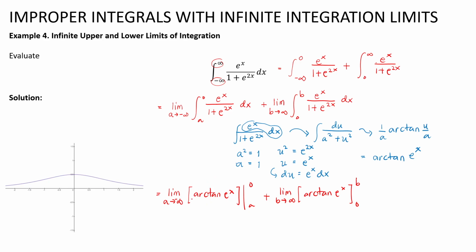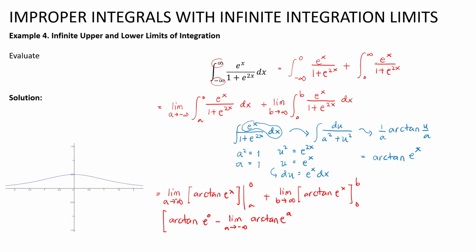So evaluating the limits, this is arctangent e raised to 0 minus the limit of a approaches negative infinity of arctangent e raised to the power of a.